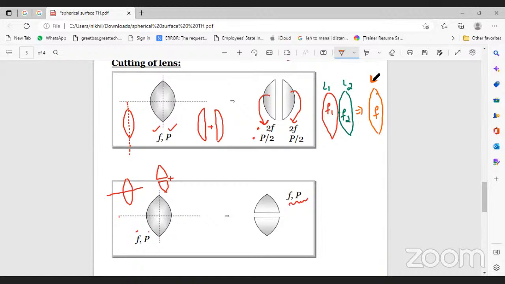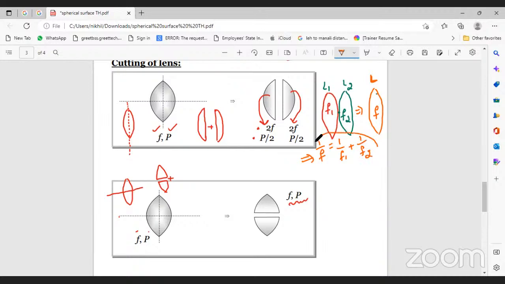In this condition, we have considered the two individual lenses L1 and L2. What is the focal length of L1 and L2? F1 and F2. These two lenses are in contact. If I replace these two lenses by a single lens F, then please remember 1 by F is equal to 1 by F1 plus 1 by F2.